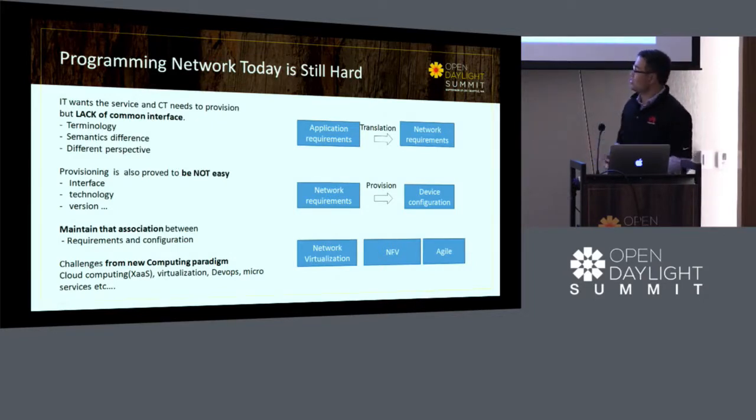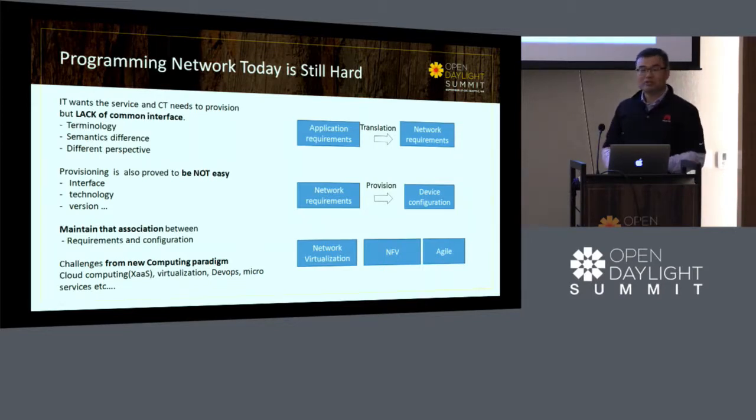Not to mention that traditionally, provisioning network services or deploying new network services is already very labor intensive. For a larger enterprise, you usually have two different departments, the IT department and the network department. So there also needs to be some kind of translation between the app requirements and the network terminology. Then when you provision the network, because of the physical network complexity, provisioning is also very labor intensive.